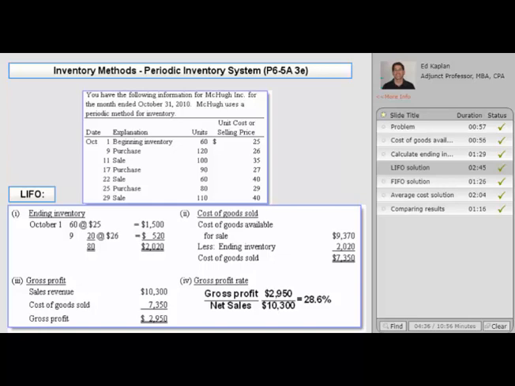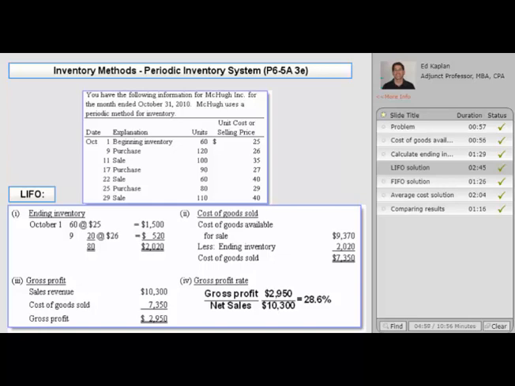Now, even though the purchase on October 9th was 120 units, we determined in the last slide that the ending inventory amount is 80 units. So if we've already accounted for 60 units, then we can only accumulate as many units as we had on hand, physically on hand. So only 20 units get added there to give us a total of 80 units.